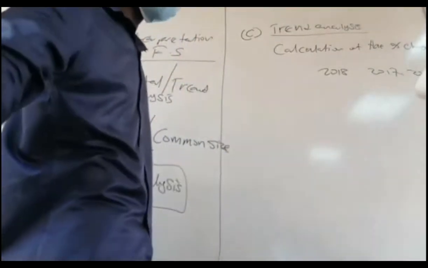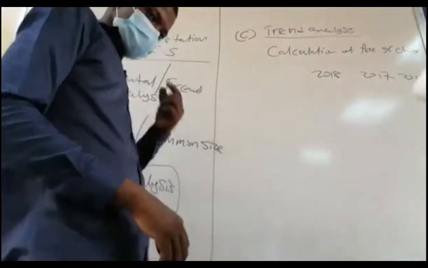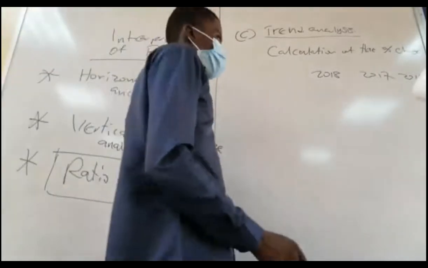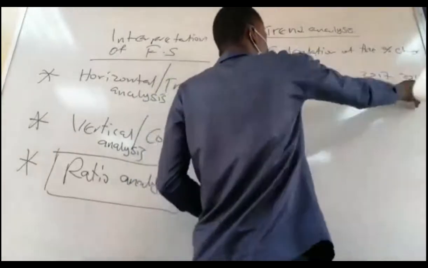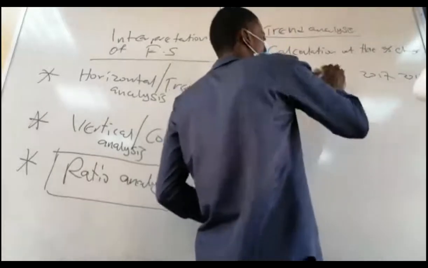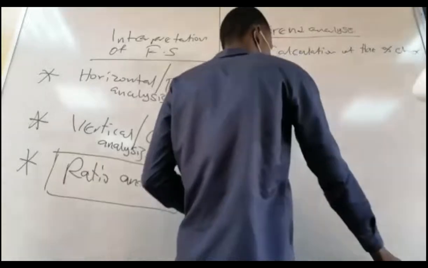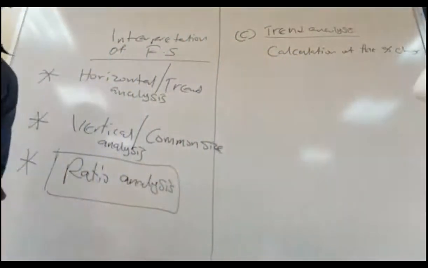How they have arranged the question, that should be the same way we write it. So if they start 2018, 17, 16, do the same. If they start 16, 17, 18, do the same. So this one, which style did they start with? Good. So they started 2015, 2016.